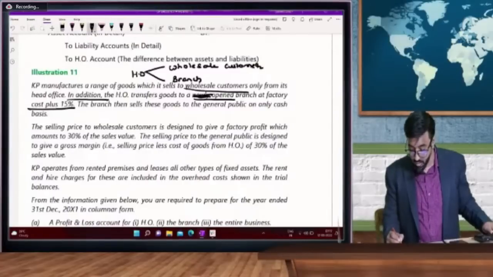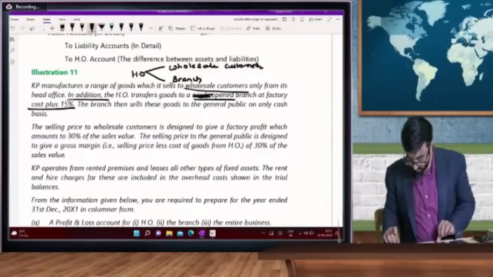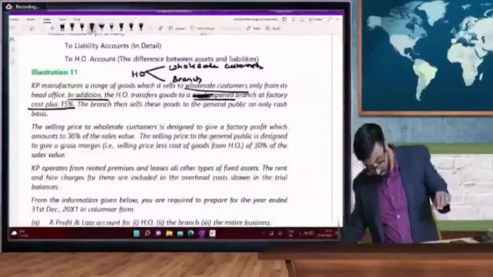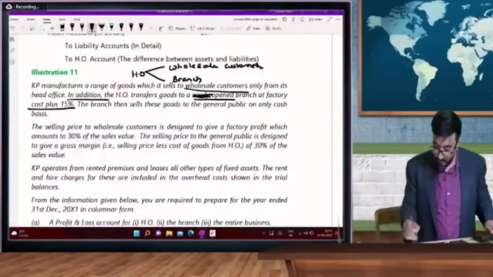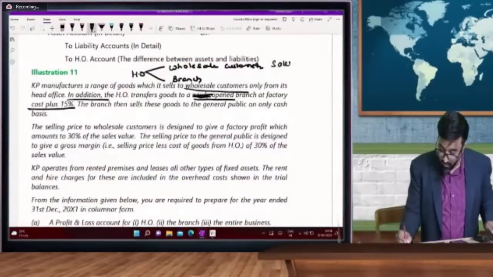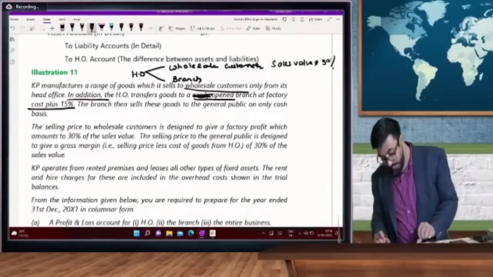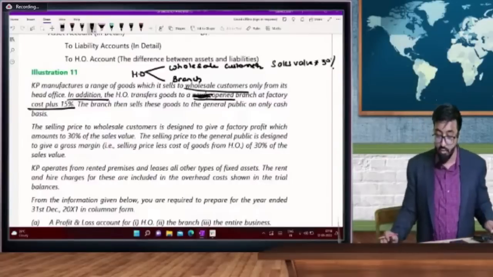Okay. Sales value into 30% will give you profit.